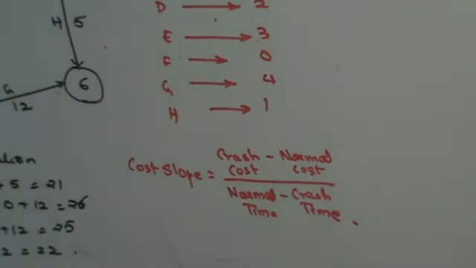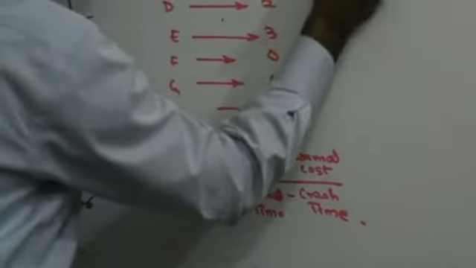So my cost slope for activity A is 2000 minus 1500, 500 divided by 2, 250.